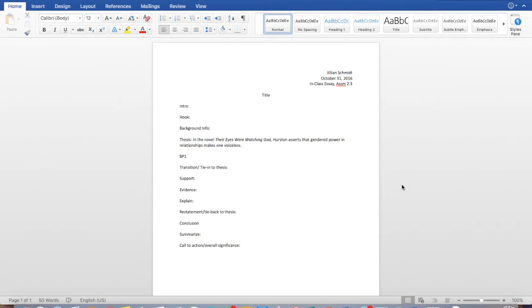Okay, so going back to this rubric, it says clearly and precisely compares or contrasts characters amongst the text. So I also want to add into this thesis how my characters actually interact.